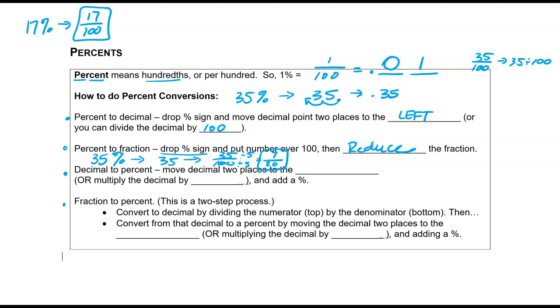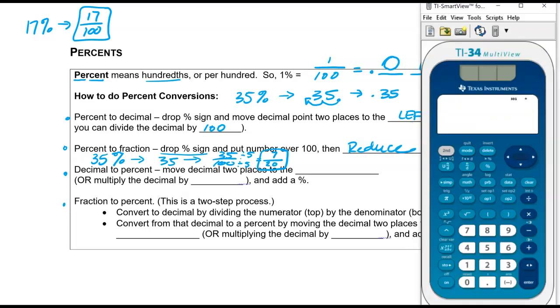If you're not great with reducing fractions, you can rely on a calculator. So depending on the type of calculator you have, some calculators will reduce for you, some will not. I'll show you how to reduce on a TI-34. This is also the same as a TI-30 in terms of the steps. So you can hit the N over D button, and you can type in 35.